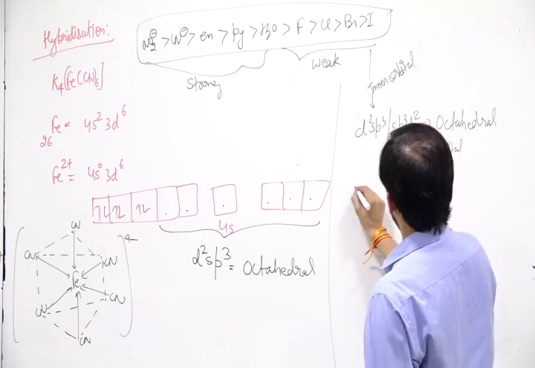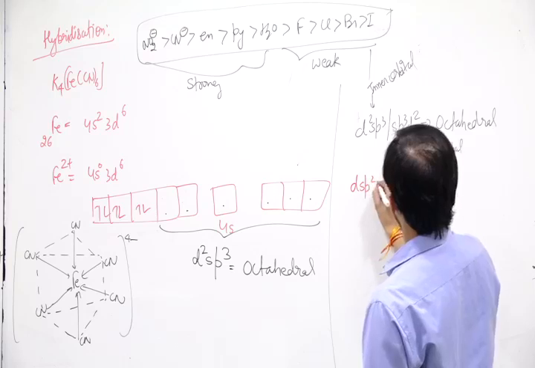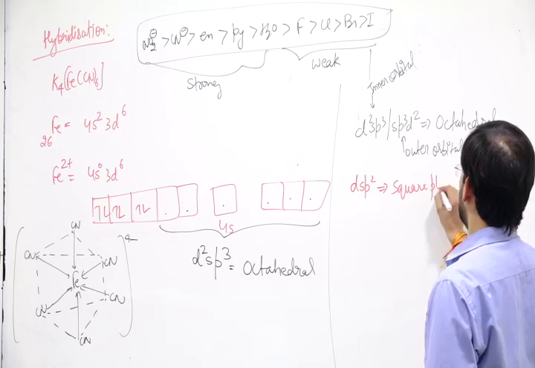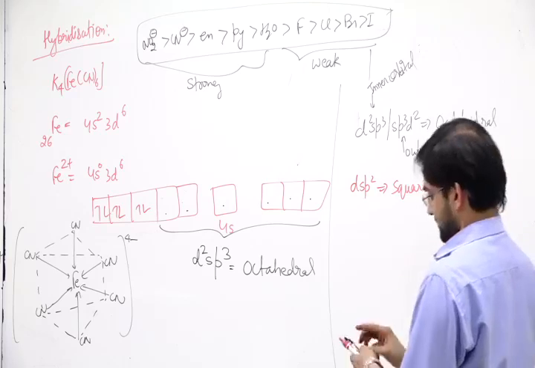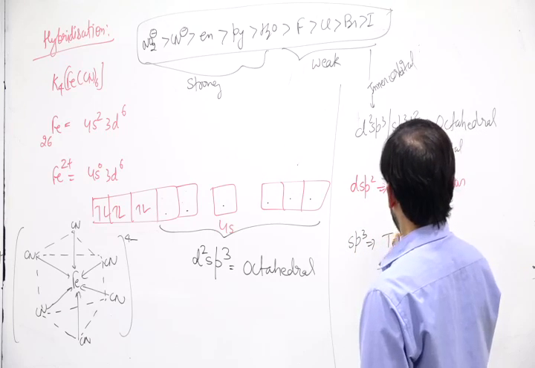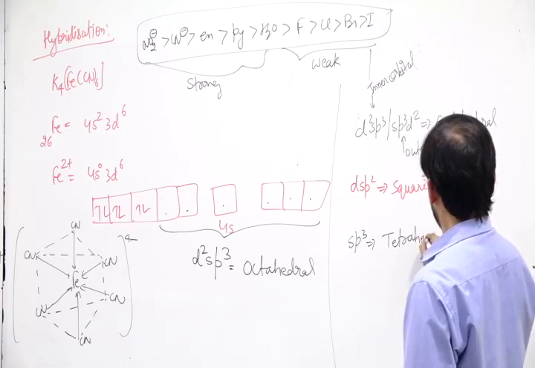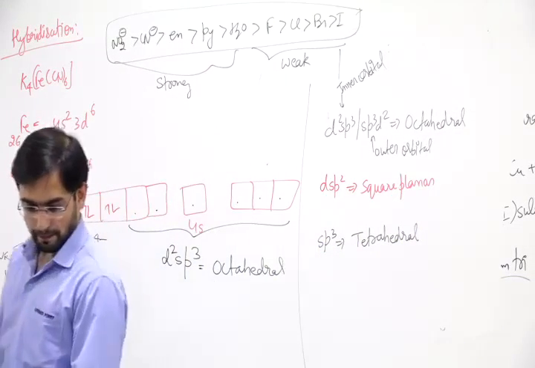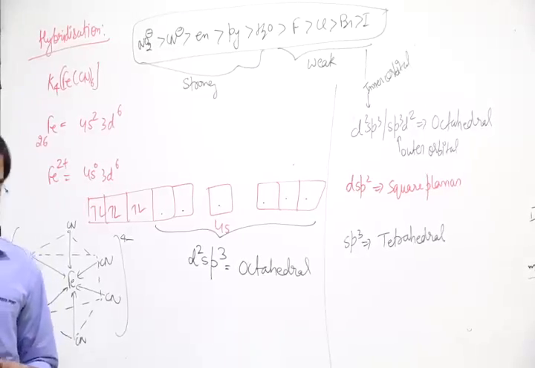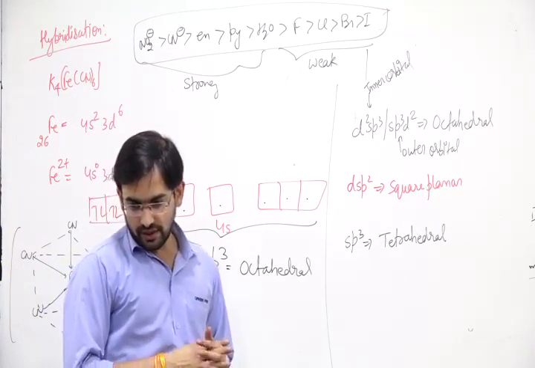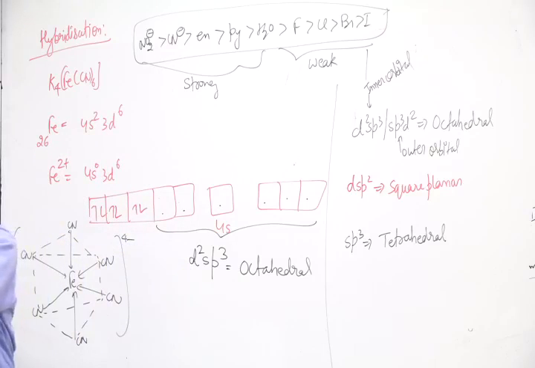Then next one is dsp2, it will give you square planar. Then sp3, which will give you tetrahedral. Understand now? Okay, so that's all for today, and that's all for our class also.